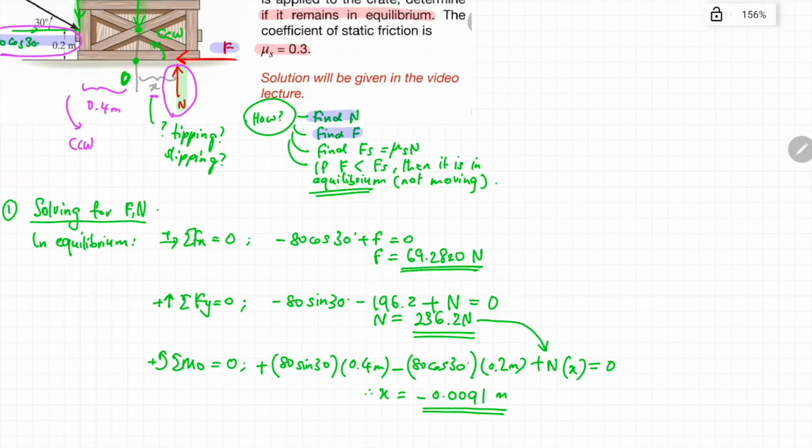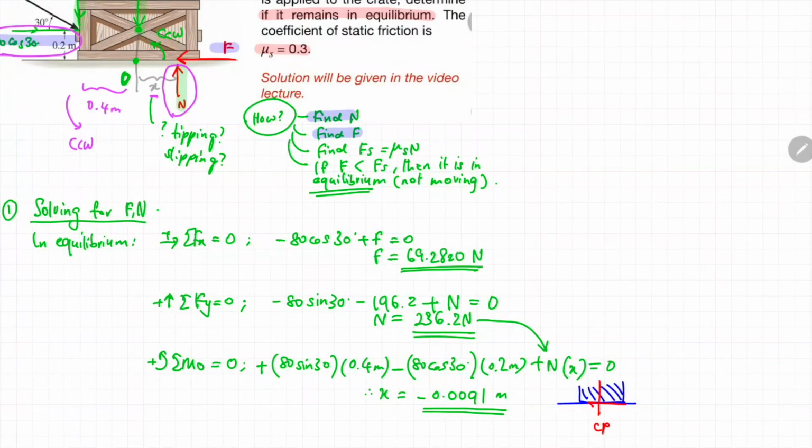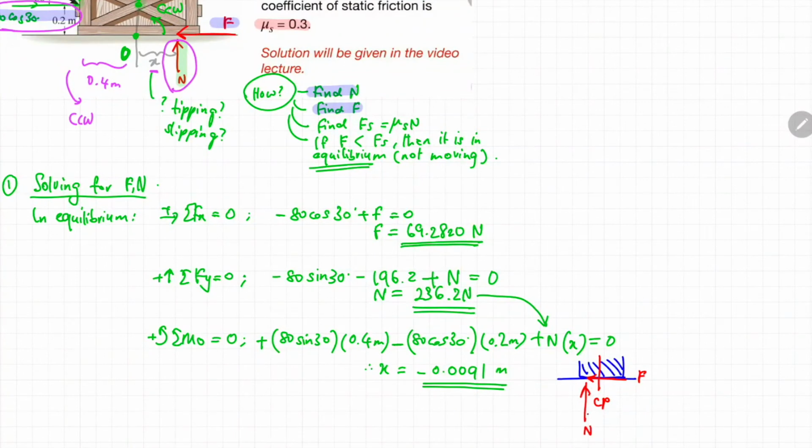The meaning of this is that, if I were to redraw the part of the crate touching the floor, with this as the center point of the contact surface, then the friction force and the normal force are subjected at a distance of 0.0091 meter to the left.